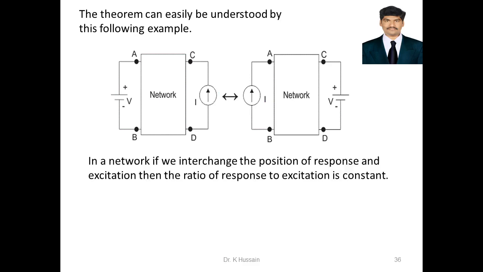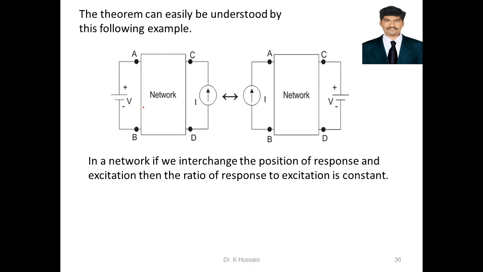So if in the network we interchange the positions of response and excitation, then the ratio of response to excitation is constant. That is, the ratio of voltage to current.